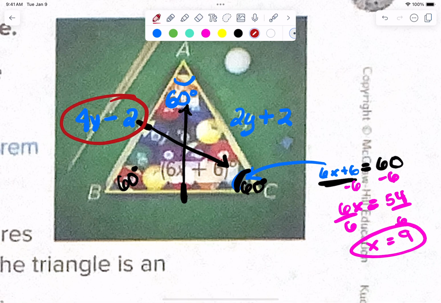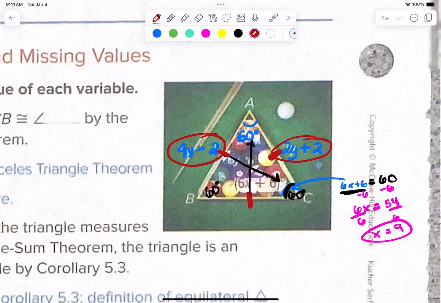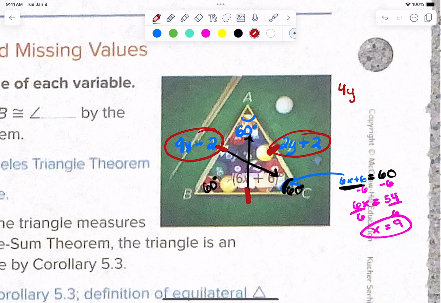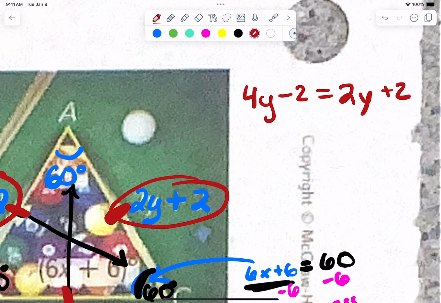I have 4y minus 2 is here, and 2y plus 2 is there. And right now, with the tick marks, the only thing I know is that this guy matches this guy, right? But does he also match that one over there? Because he's an equilateral triangle. So I can say that those two things are equal. 4y minus 2 is equal to 2y plus 2 because he's equilateral, right? After we do all the loop-de-doo stuff, we know that they're the same.